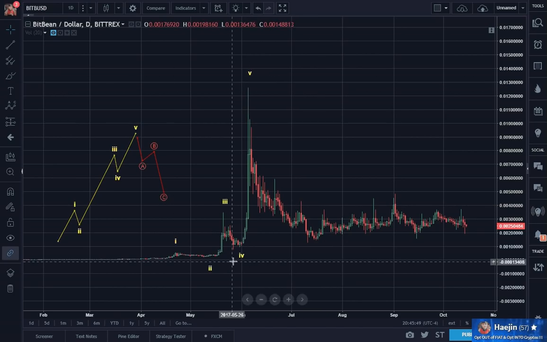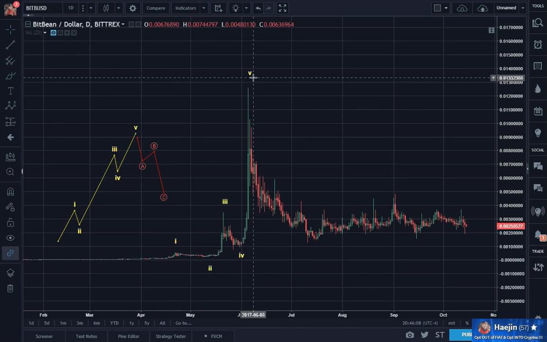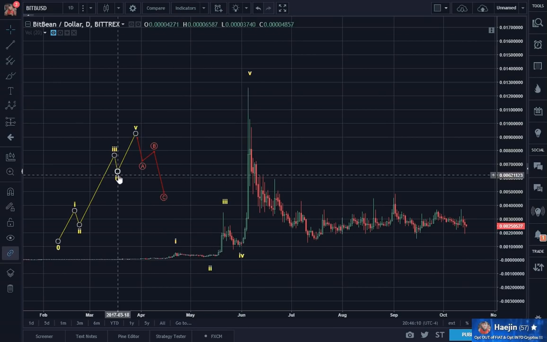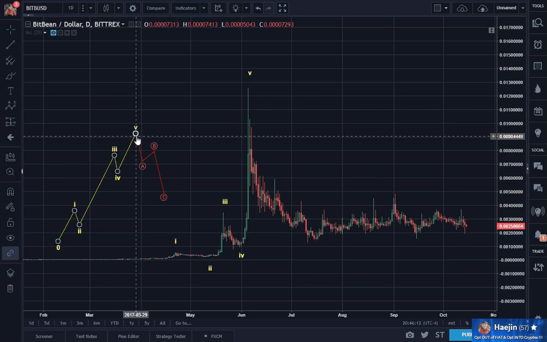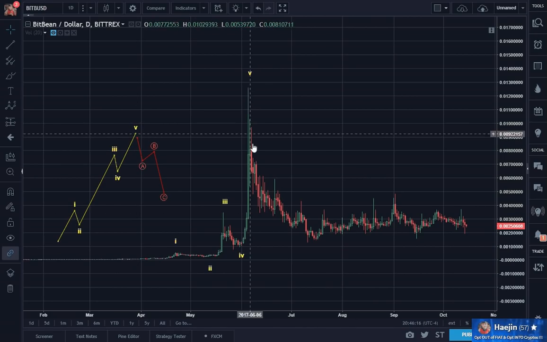Now, when the fifth wave, like here in BitBean, is so extended, then that means the correction is going to be very deep. Because look, anything that goes vertical doesn't end very well, usually. But here's 5 waves also. And what did I say here? 5 waves must require a 3-wave retrace. Look at this retrace.